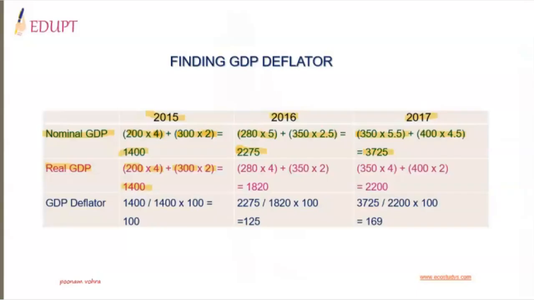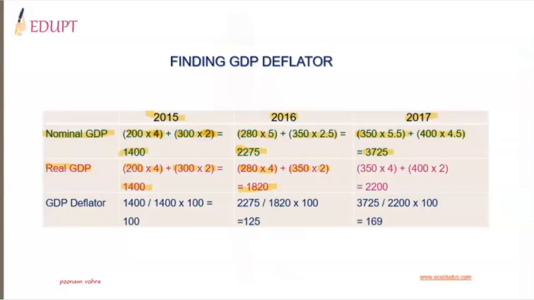Similarly, for 2016, quantity produced of X in the current year multiplied by price of the base year plus quantity produced of Y in the current year multiplied by price of the base year is taken into account, and we get 1820 as real GDP of 2016.